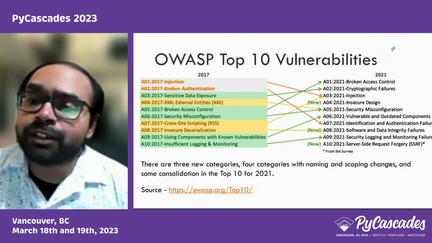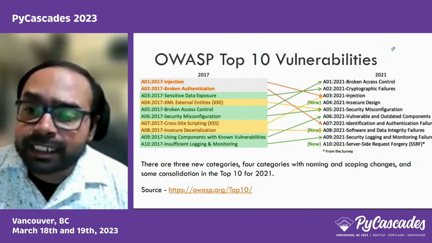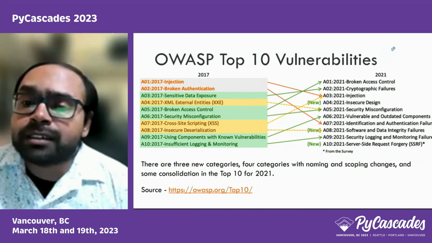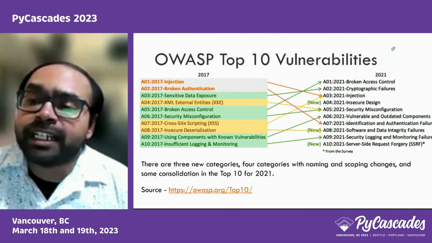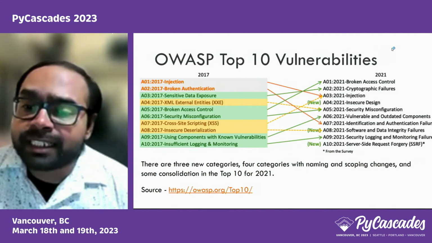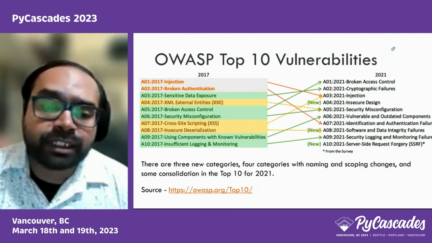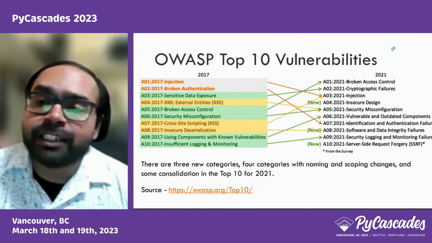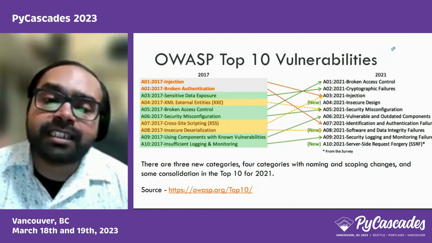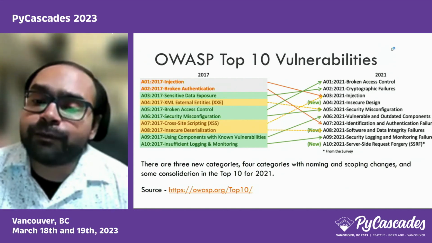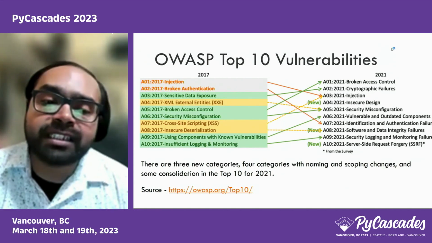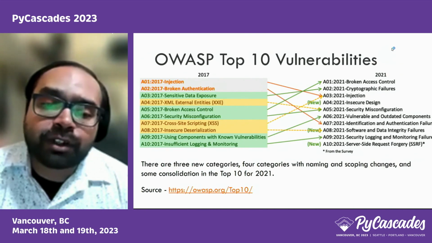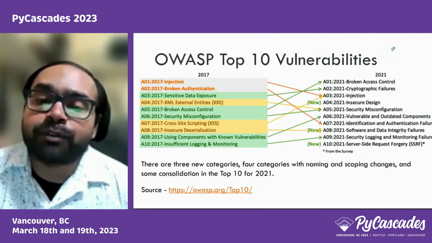One is insecure design, which is ranked fourth. Then software and data integrity failures, ranked eighth, and the tenth one is server side request forgery. So these are the three new categories. Basically in 2021, the update is that there are three new categories and four categories with naming and scoping changes and some consolidation in the top 10 for 2021.